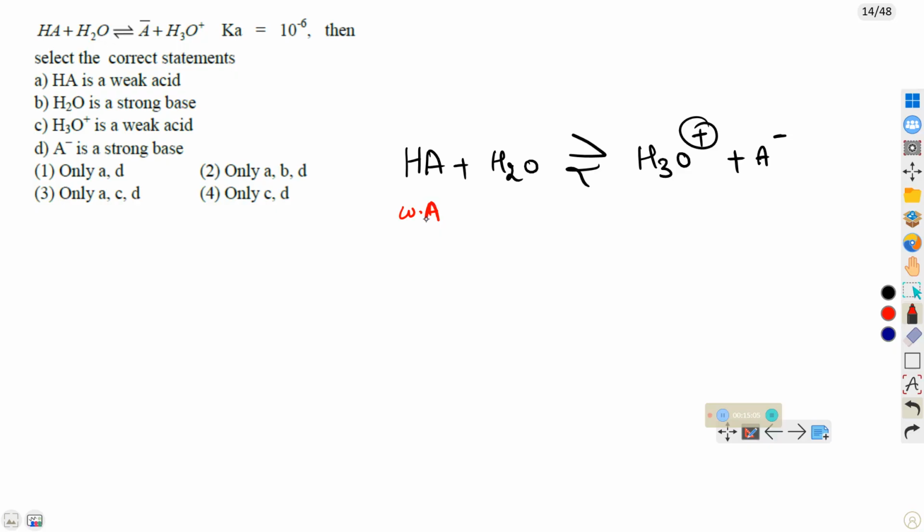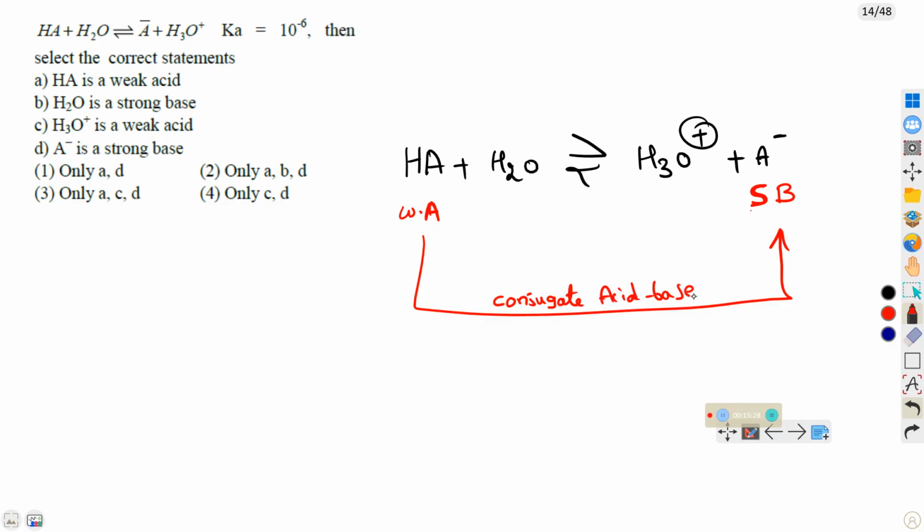HA is a weak acid, A minus is a base. A minus is a strong base. How? Apply conjugate acid base pair theory. These are conjugate acid base pairs. According to conjugate acid base pair theory, if the acid is weak, then the base is strong.